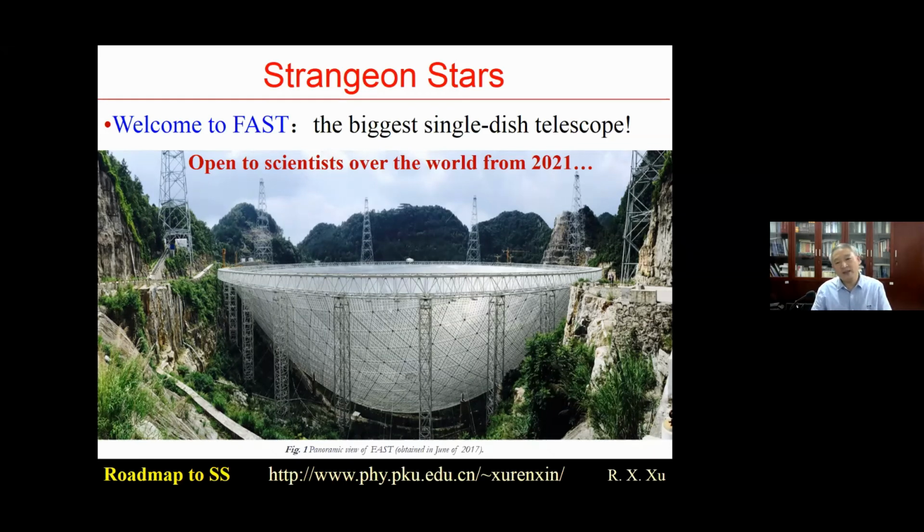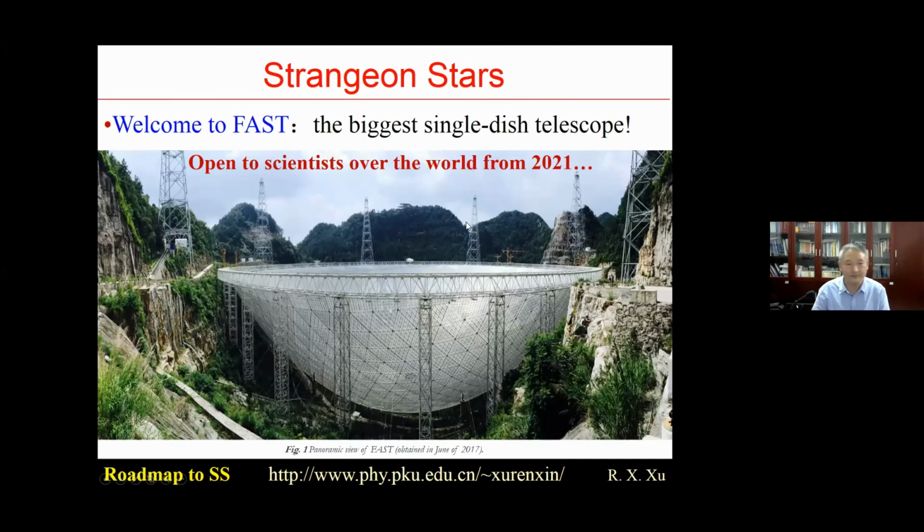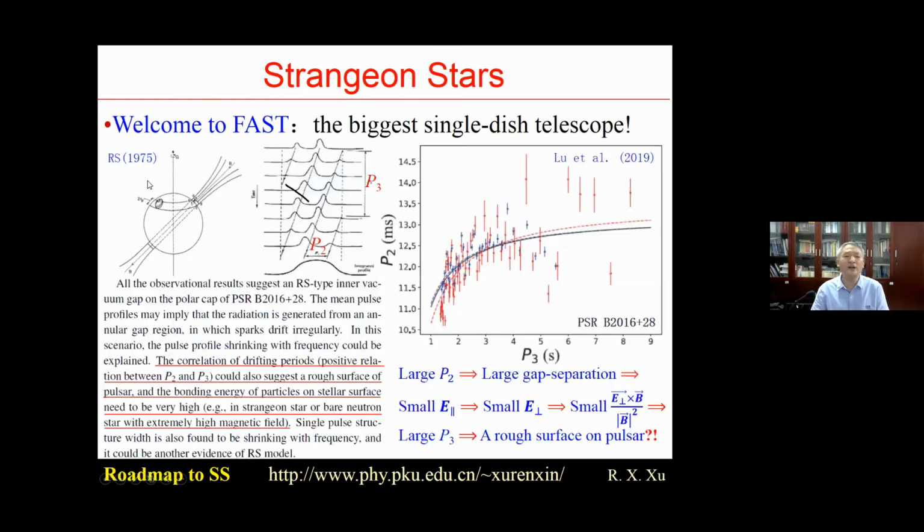And this evidence for Strangeon stars by the drifting subpulse observation is related to this FAST observation. This is a very old story, the Ruderman-Sutherland model. This is a very popular observation for the drifting subpulse.